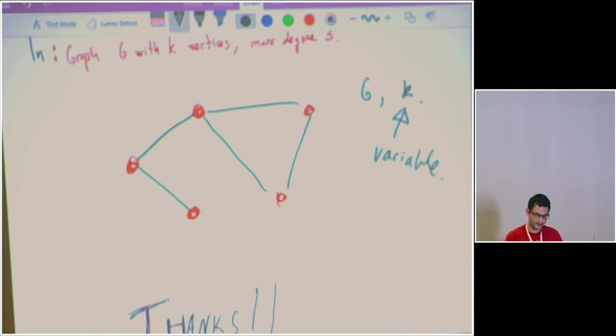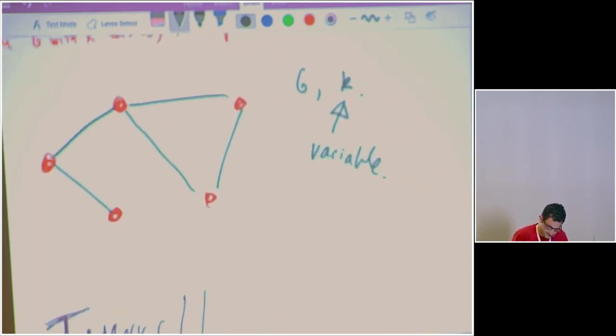Now what are the values that these variables can take? They can take any number between 1 and n. So for every vertex, I need to set it to some value between 1 and n. Another thing I know about my graph is that the degree is at most 3. Now, every edge in my graph is a constraint.